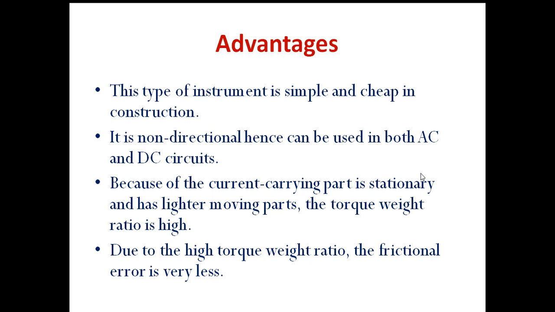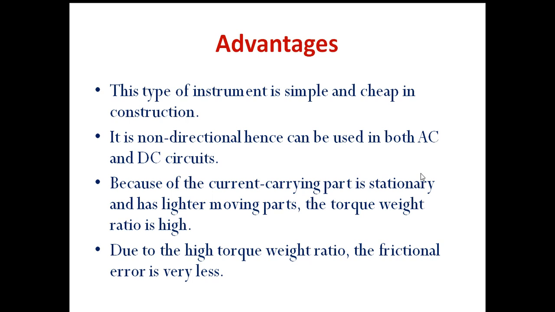Because the current carrying part is stationary and it has lighter moving parts, the torque to weight ratio is high. In this, the moving part is an iron piece, which is very soft and the weight is very less.